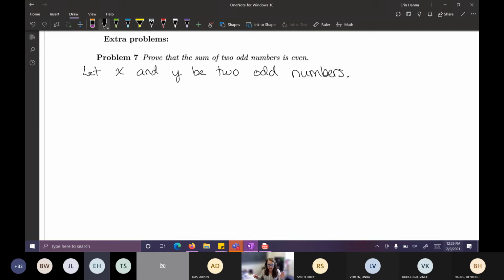But giving them names is going to make it a little better, because then we can say x equals 2k plus 1, and then y equals 2k sub 2 plus 1. We want to show that their sum, so x plus y, is even.